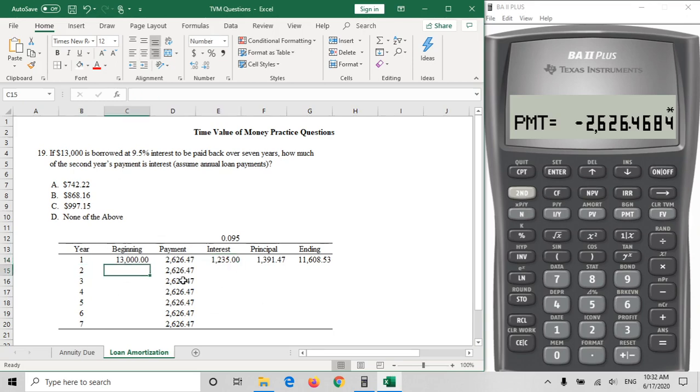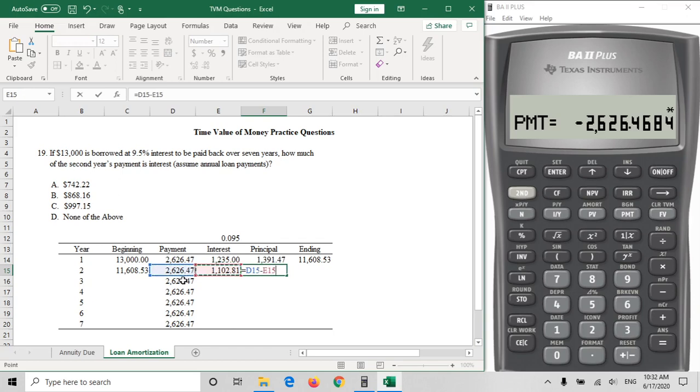So in year 2, what is our beginning balance? Your ending balance in year 1, okay? What is your interest payment? Simple. Beginning balance times the rate, this will be it. What is your principal?